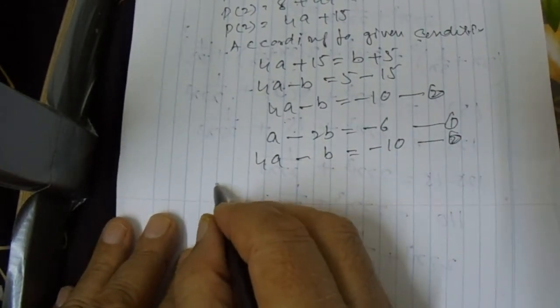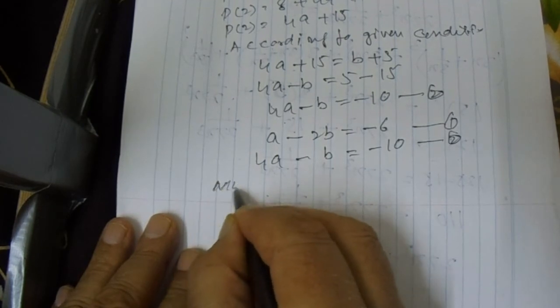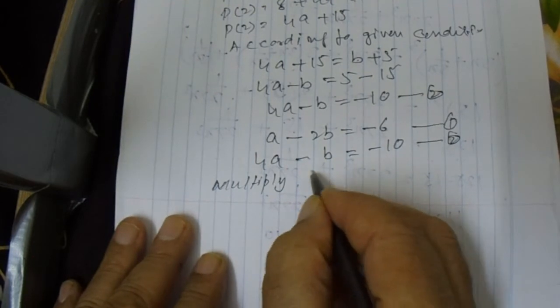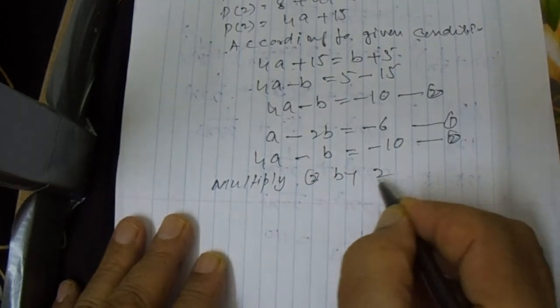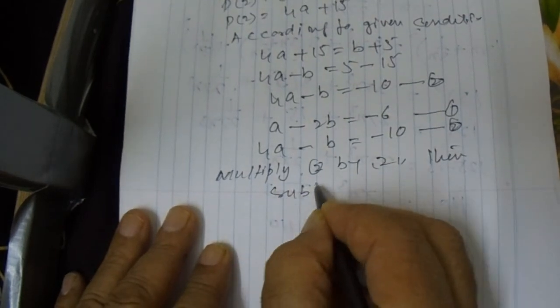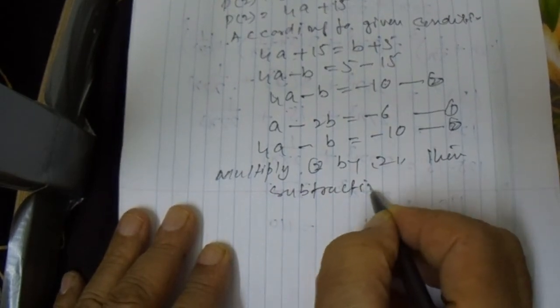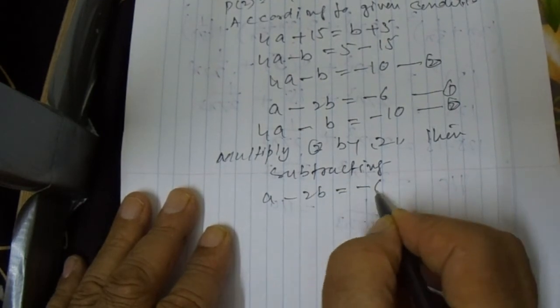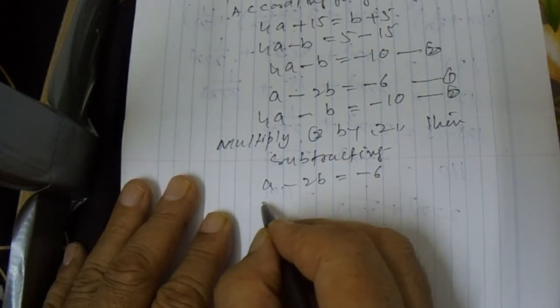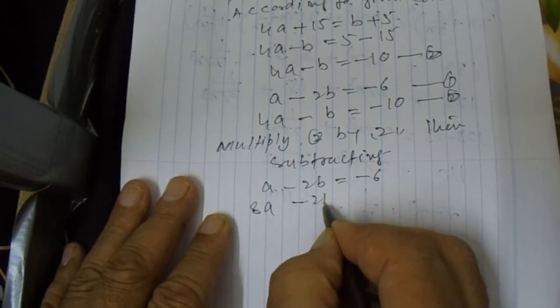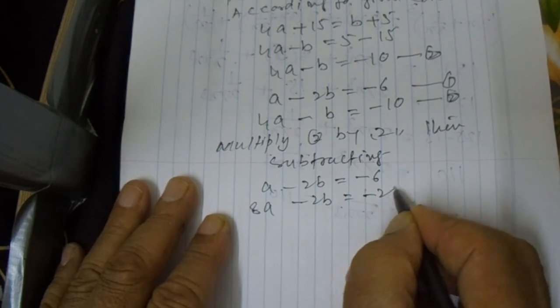Multiply the second by 2, then subtract. a − 2b = −6, and 8a − 2b = −20.